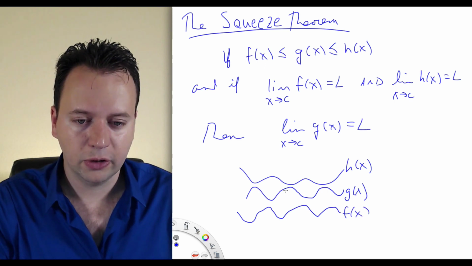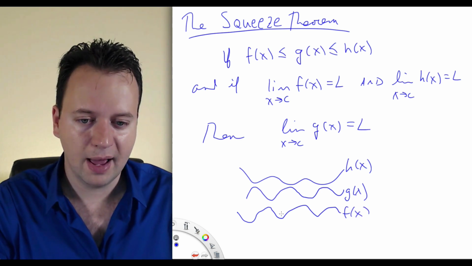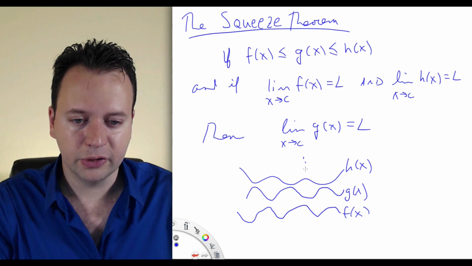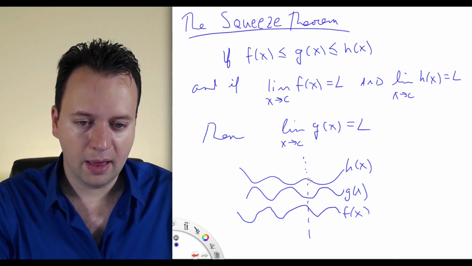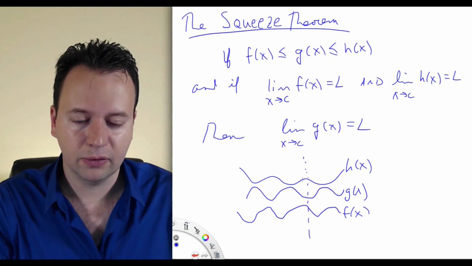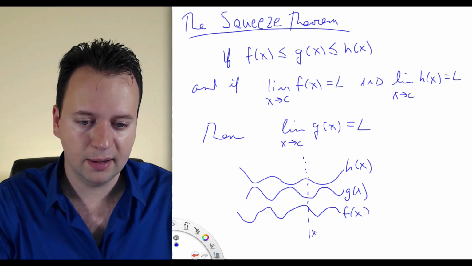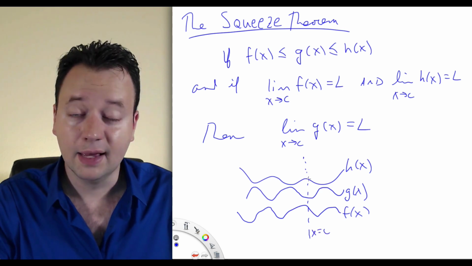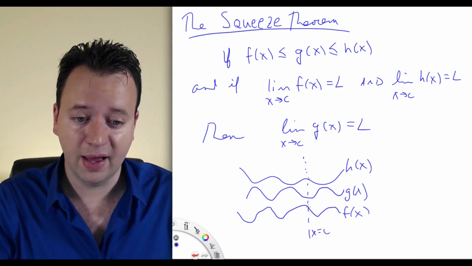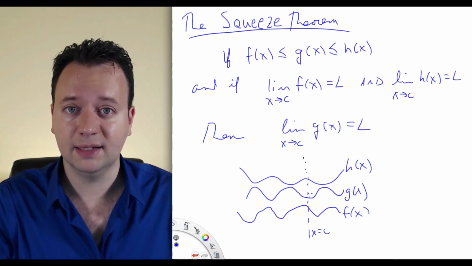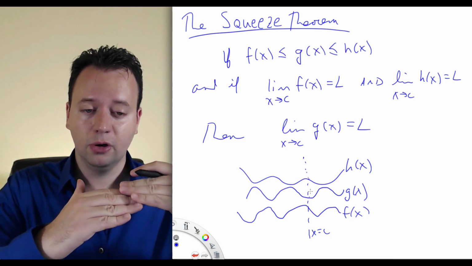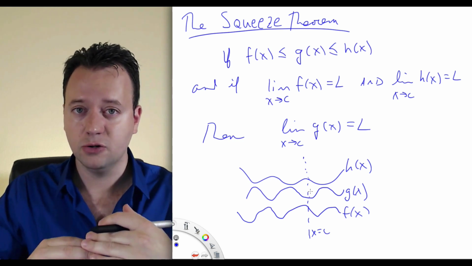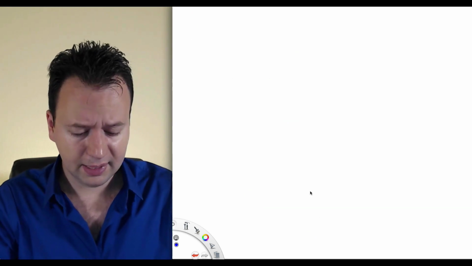So h is always larger than g, and g is always larger than f. If it happens where there's a point where the limit as x approaches c of h of x gives you the same thing as the limit of f of x, well then g of x also has to give you the same thing because it's sandwiched or squeezed between f and h.